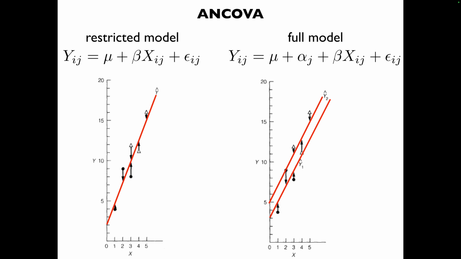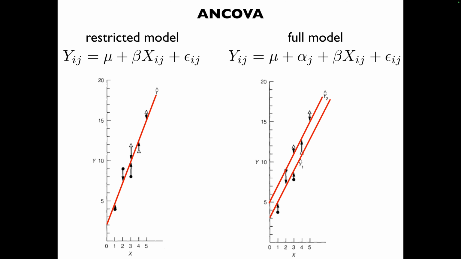So for ANCOVA now, we have a restricted model on the left that includes just the covariate, x, and allows the line to have a slope. So there's one intercept for all groups, one line for all groups. And on the right, we have a full model that says, no, let's have a line for each group.